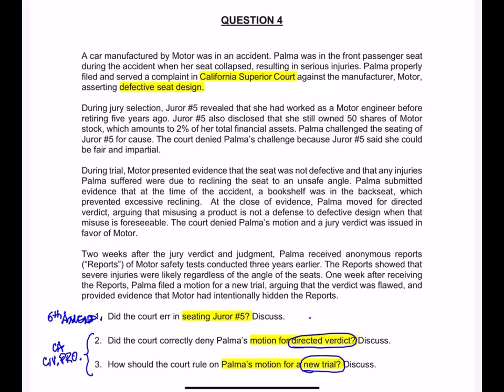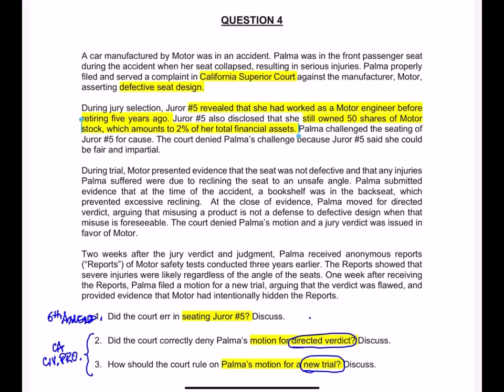First, we need to deal with the jury issue. During jury selection, juror number 5 revealed that she had worked as a motor engineer before retiring 5 years ago. Juror number 5 also disclosed that she still owned 50 shares of Motor stock, which amounts to 2% of her total financial assets.